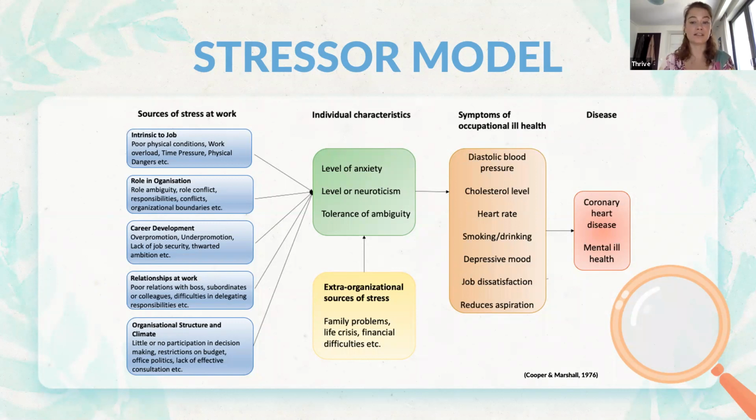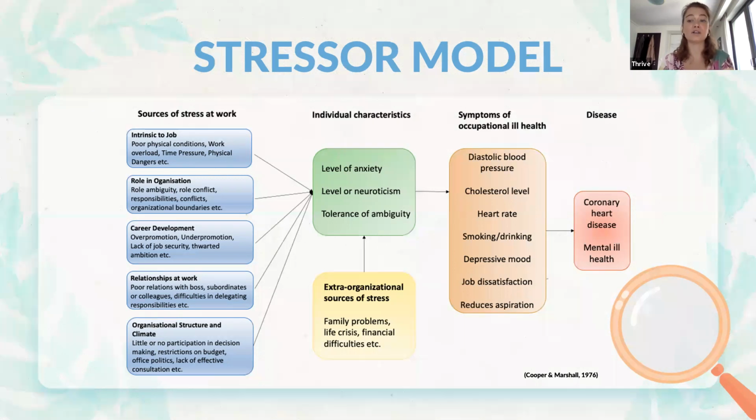This can be either intrinsic to work, such as workload and time pressure, the person's role within the organization, which includes role ambiguity and role conflict, career development, which can be job security, over promotion or even under promotion, relationships at work, which includes delegating responsibilities and relationships with your boss as well as co-workers, as well as organizational structure and climate, which can be autonomy and decision-making, office politics, and so on.